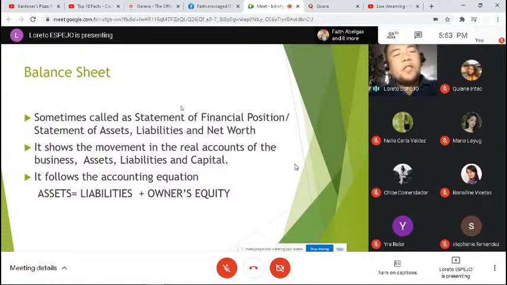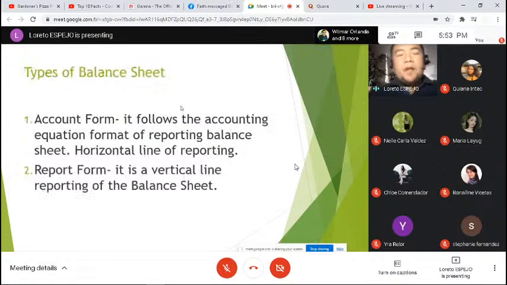So the balance sheet normally follows the accounting equation, assets equals to liabilities plus owner's equity. Yung owner's equity, napapalit-palitan lang po yan. Pwede kasing equity lang or pwedeng capital. Pero para-parehas. There are different types of balance sheet. We have the account form or the horizontal line of reporting, and then the report form or the vertical line of reporting a balance sheet.